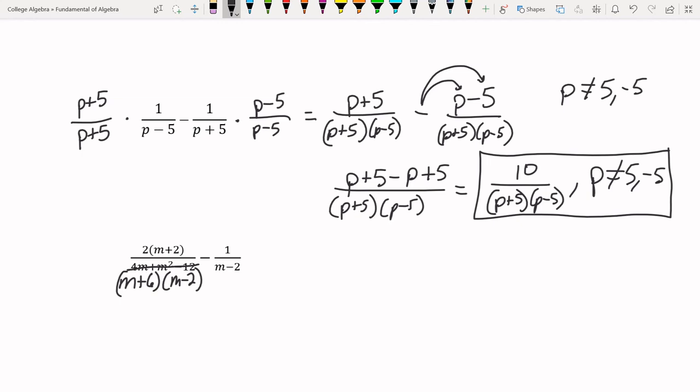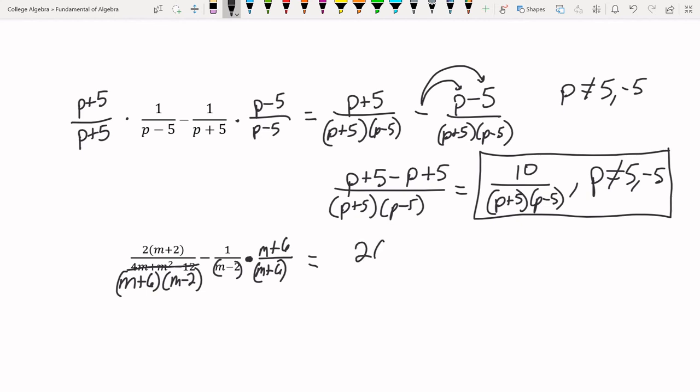Well, if we look at the second fraction here, if we were to multiply this by m plus 6 on top and bottom, you see that we have (m minus 2)(m plus 6) now. And that's the exact same thing as the other denominator. So that's all we have to do to make these have common denominators, multiply the second one by m plus 6. Sometimes you have to just look at what this thing needs that the other things have. That's a good question to ask whenever you're trying to get common denominators.